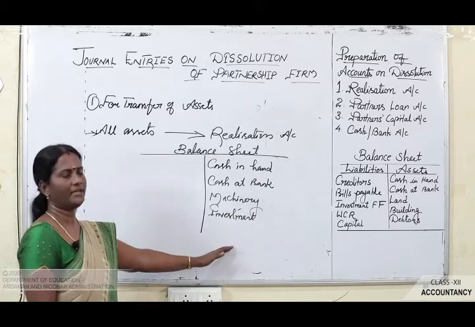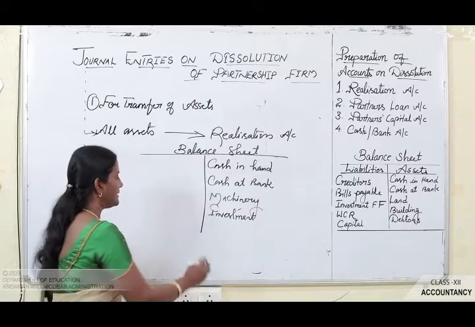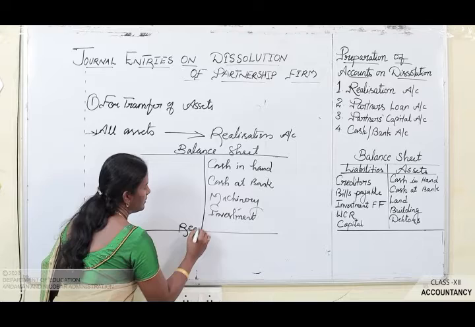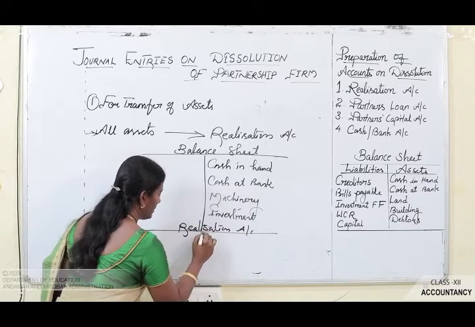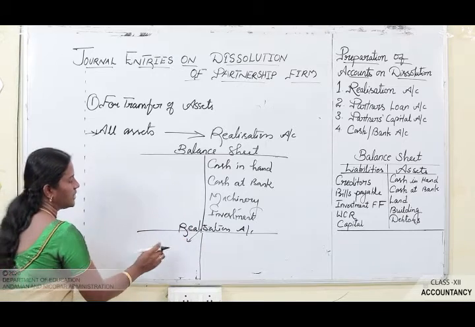Like this you will be having many assets, many items in the asset side that will be transferred to the realization account debit side, okay, with the gross value.